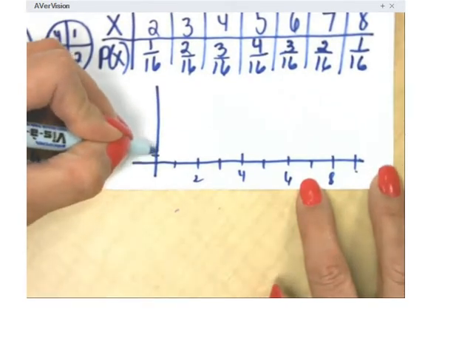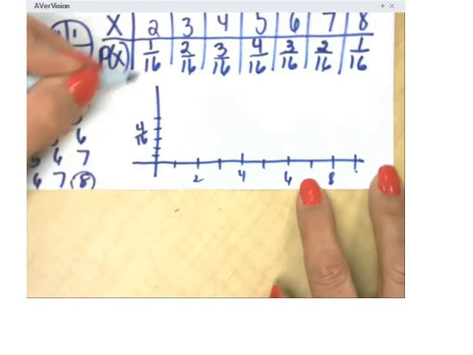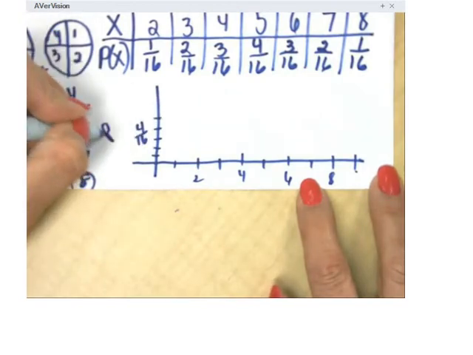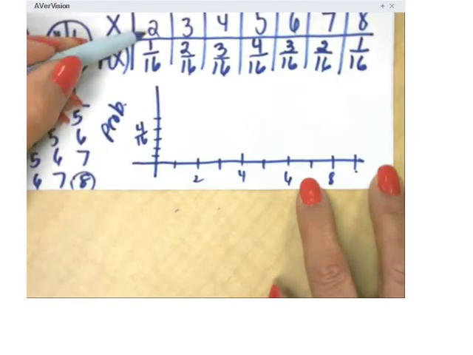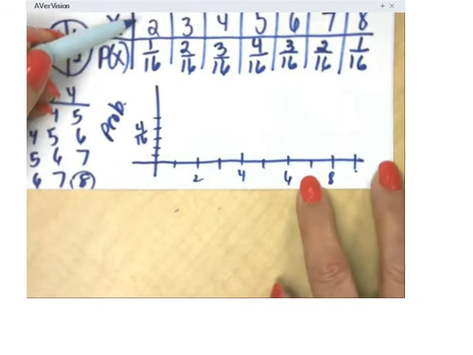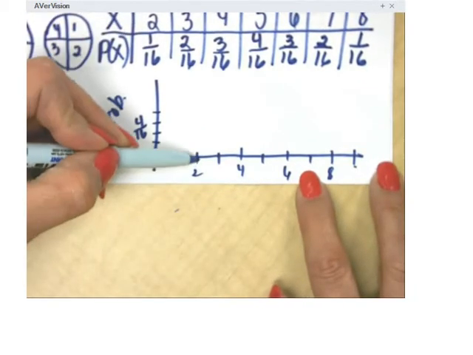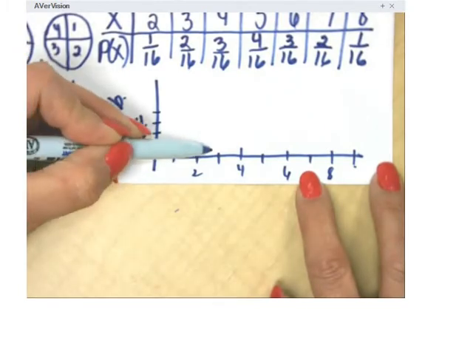Here's 1, 2, 3, 4 sixteenths. There's 5 sixteenths. And this is my probability on this axis. Now, when I draw my bar above 2, I'm going to do it the way a technology graph or a calculator would graph. And I have this bar from 2 to 3.